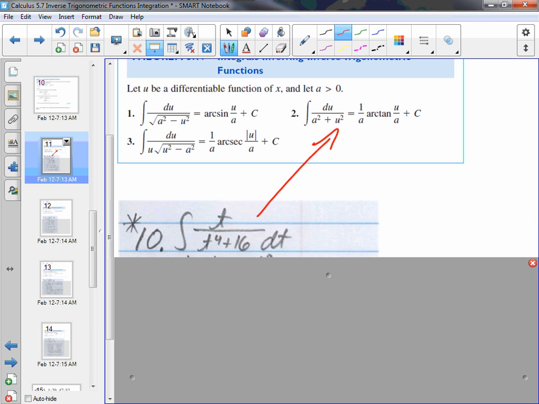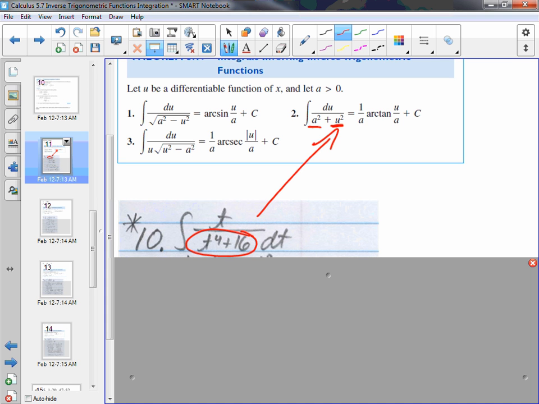Okay? If we're going to make this look like this, let's figure out what's got to be what then. Now, our formula has the constant squared in front plus and then the u squared. This problem has it reversed. Since it's a sum of those two, does that matter? No, not at all. If it was a minus sign between them, yeah, it would matter. Okay?